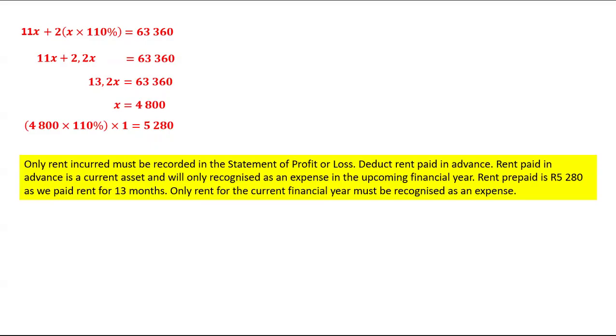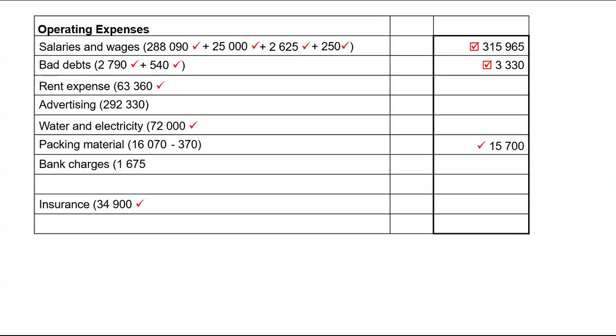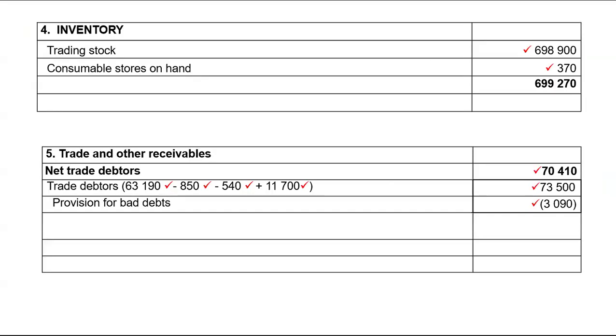Only rent for the current financial year must be recognized as an expense. We are going to go to our statement of profit or loss and deduct that 5,280 from our rent expense and then record it as a prepaid expense in trade and other receivables.